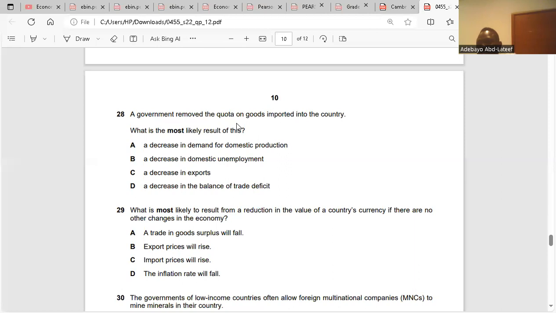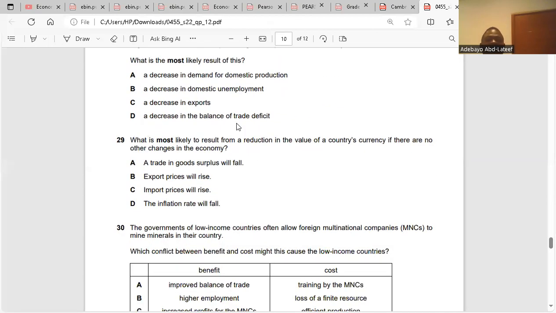If government takes the quota away, that increases consumption of imported goods. That might reduce the consumption of domestic goods. Is it clear? Yes. I read the question wrong. So 28 is A.